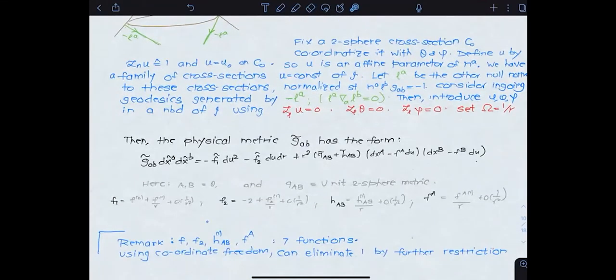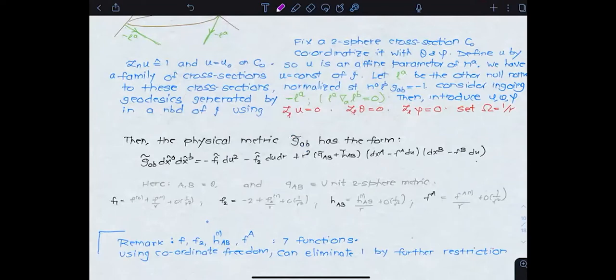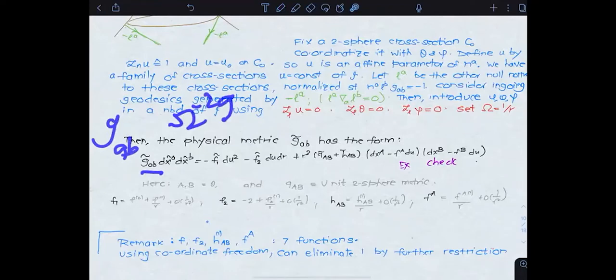And so I should have written here explicitly that this is an exercise that you can check, that this construction tells you that in fact you will get some expression of the unphysical metric or the conformally rescaled metric g tilde AB, and then g AB is just equal to omega to the minus 2 times g tilde AB, or is equal to r squared times g tilde AB.